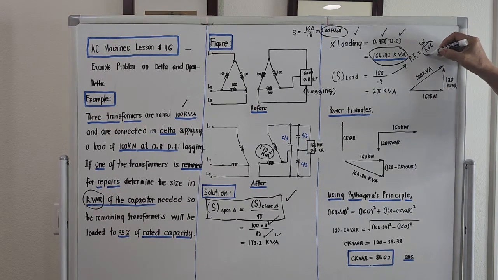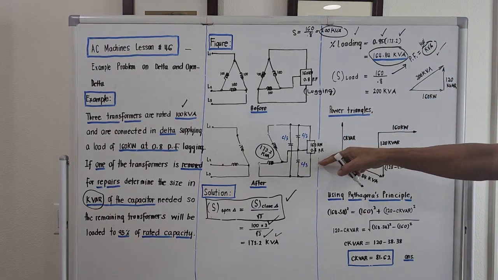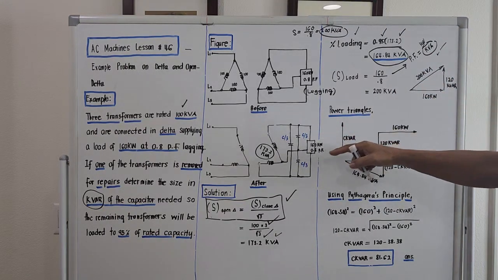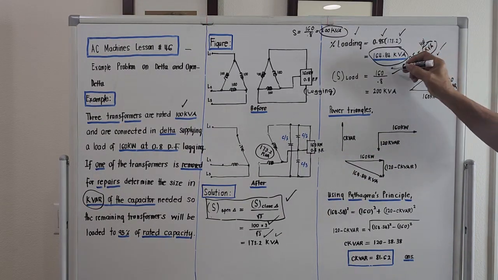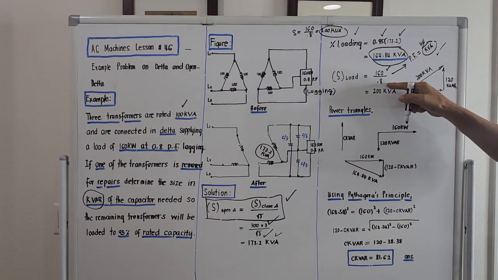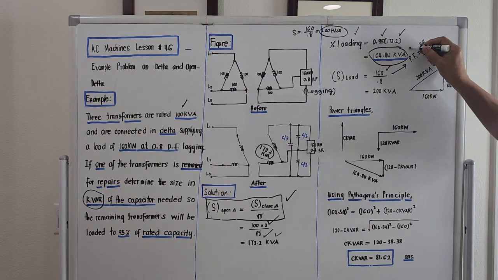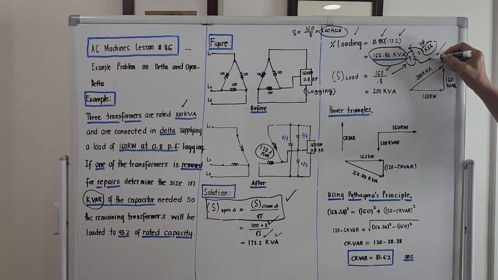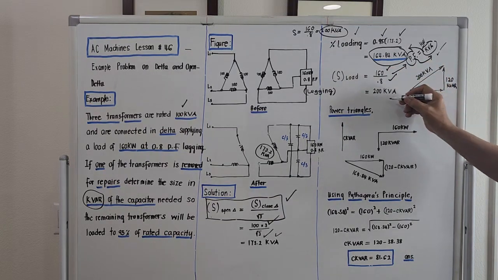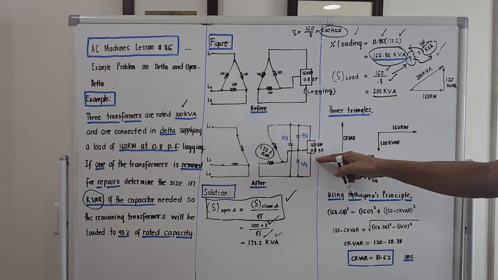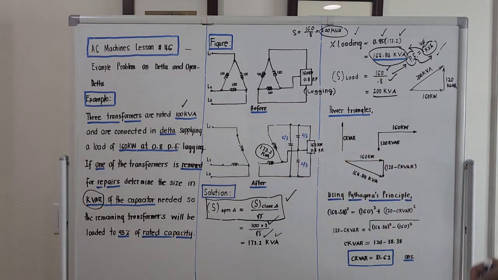So if we compute for kVA of this load, we need the power triangle of this one. It should be kilowatt over power factor, or we put power factor underneath. So it is 160 over 0.8. So the total kVA of this is 200 kVA.